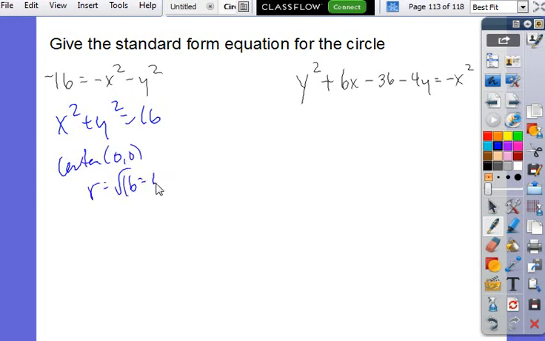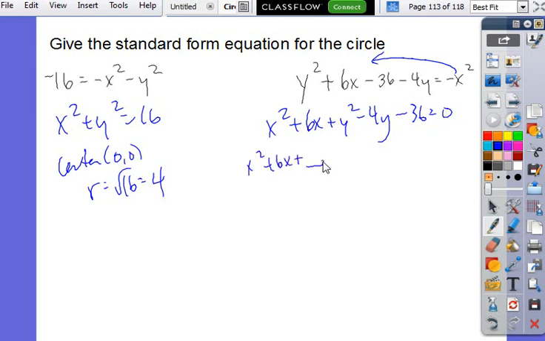On this one, I would have to move that. Make sure that you put the x part first, then the y, then the number. If 6 is in the middle, what goes at the end? 9. 6 divided by 2 is 3. 3 squared is 9.